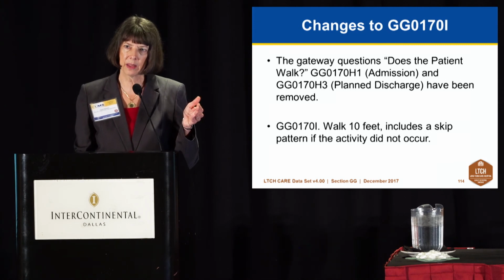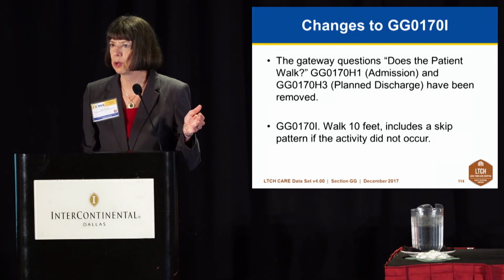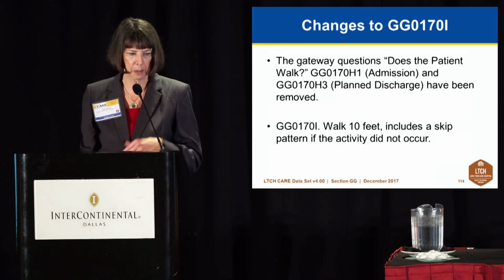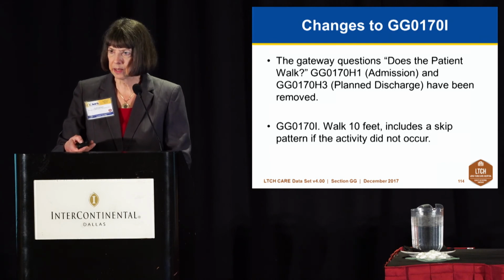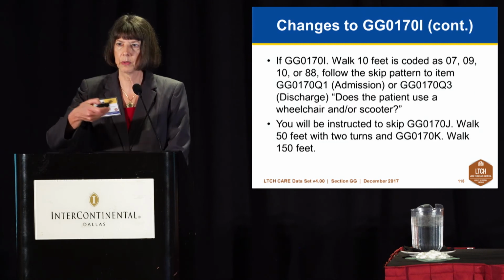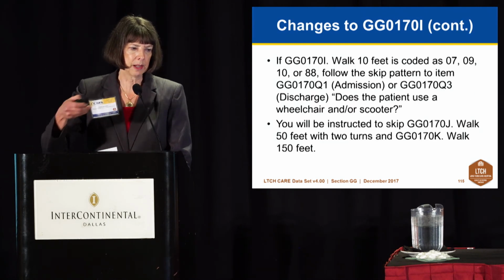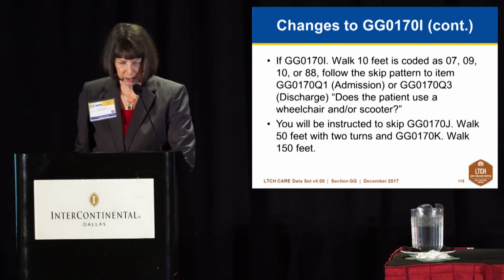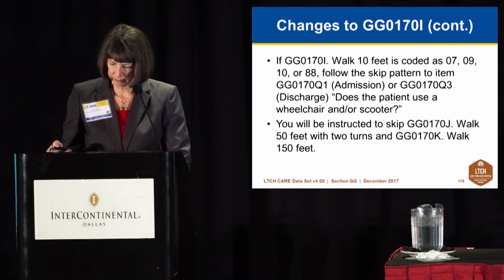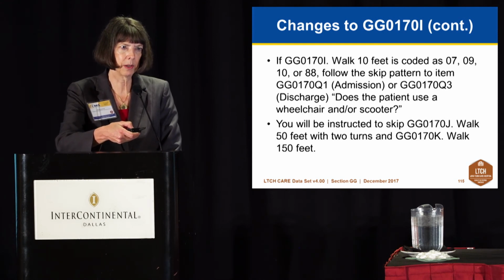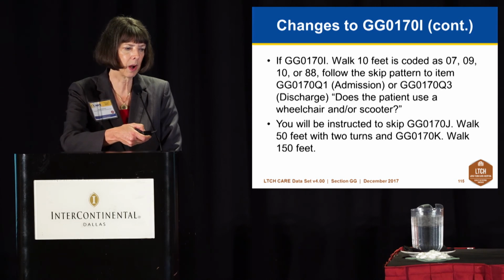So if you say that the activity did not occur, when you answer, did the patient walk 10 feet, then you will be instructed to skip the additional walking items, and you'll go right to wheelchair. That represents some feedback we got from you folks in terms of saving some time. So if you code any of the does not occur items, then you will be skipping that item. If you do, however, answer with a 06 through 01, then you will go to the next walking item.